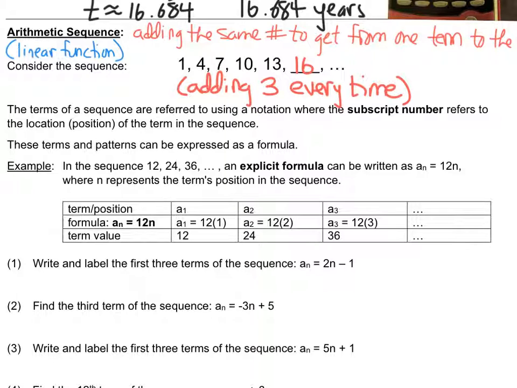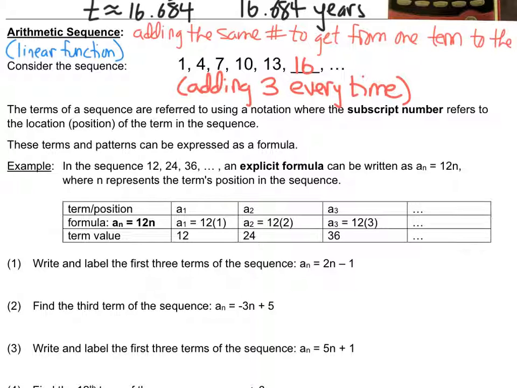The terms of the sequence are referred to using a notation where the subscript number refers to the position of the term in the sequence. These terms and patterns can be expressed as a formula. Right? In the sequence 12, 24, 36, and so on, an explicit formula can be written as a sub n equals 12n. It just sucks the life out of me whenever I see that. Right?